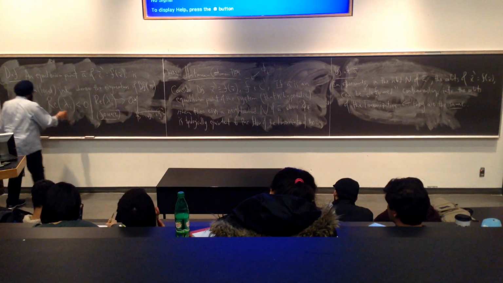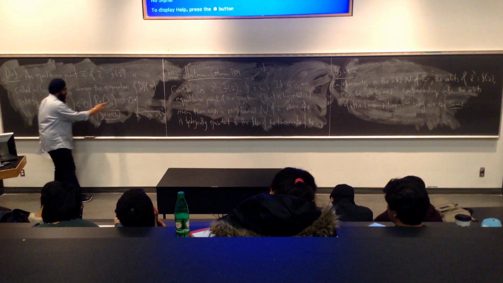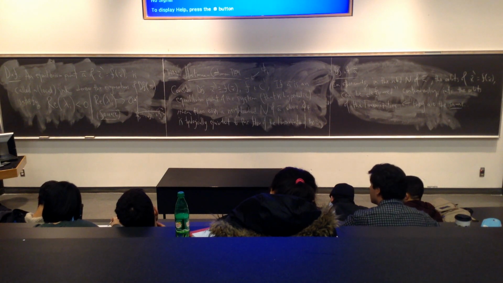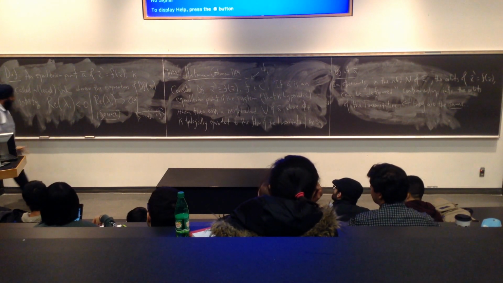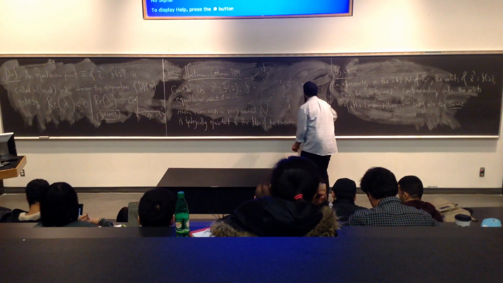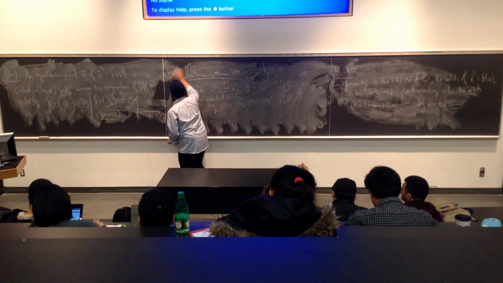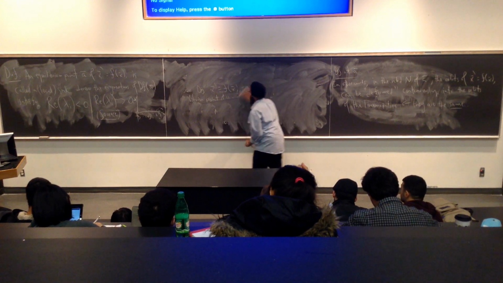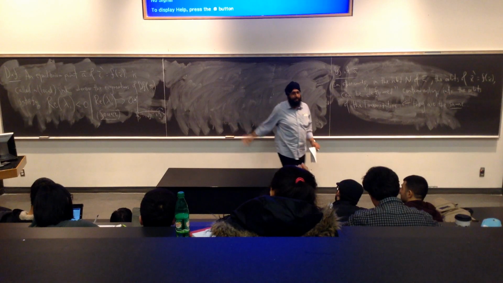So, if all of the eigenvalues are negative, that point is a sink. If all the eigenvalues are positive, it's a source. But what if you have a mix, like on your midterm? What if one of the eigenvalues is positive, one is negative, then what happens? Then it's a saddle. Yes, because the linear case is a special case.